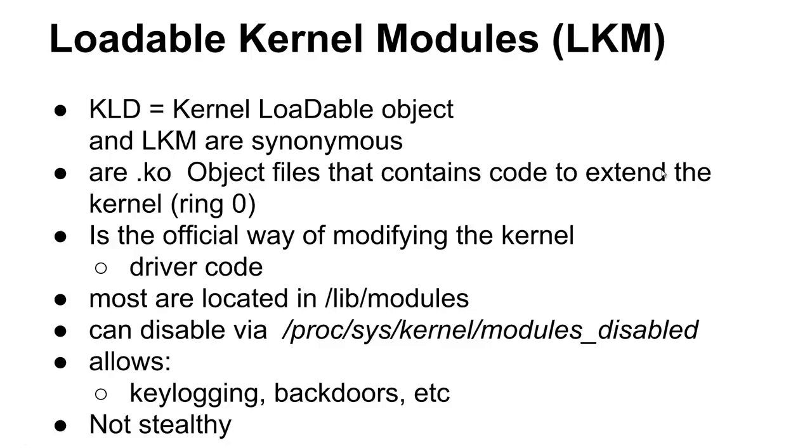So loadable kernel modules, also known as LKMs, are synonymous with kernel loadable objects, or KLDs. We're just going to call them LKMs for the remainder of this course. They are typically .ko files that contain binary code that is meant to extend the kernel, so it's designed specifically for operation in kernel space.